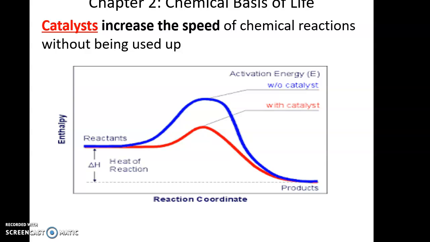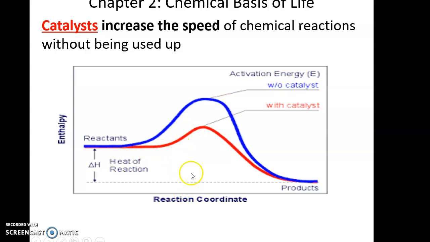So most, not all, but most chemical reactions that occur in the human body need a catalyst to speed up that chemical reaction. Catalysts make the reaction occur faster, and in the process of doing that are not used up. So those catalysts are still available to speed up other chemical reactions, increasing the reaction rate.